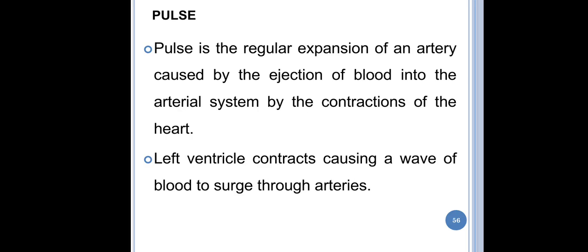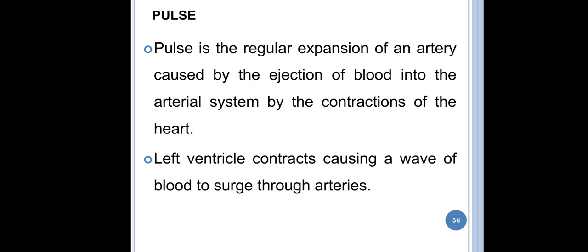So pulse is the regular expansion of an artery caused by ejection of blood into the arterial system by the contractions of the heart. And that's how pulse is actually generated. So physiologically, when we look at the conduction system of the heart, there is what we call the sinoatrial node in the heart.